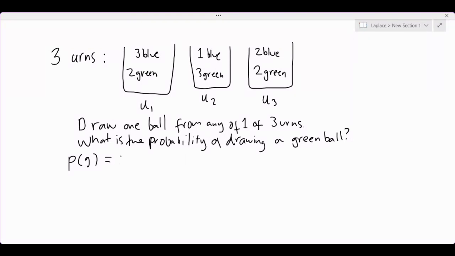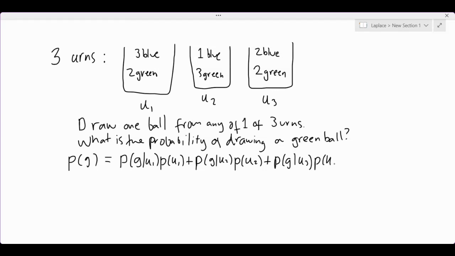Then, by the law of total probability, this probability of the event G will be given by the probability of drawing a green ball from urn 1 times the probability of selecting urn 1, plus the probability of drawing a green ball from urn 2 times the probability of selecting urn 2, and finally the probability of picking a green ball from urn 3 multiplied with the probability of picking urn 3.